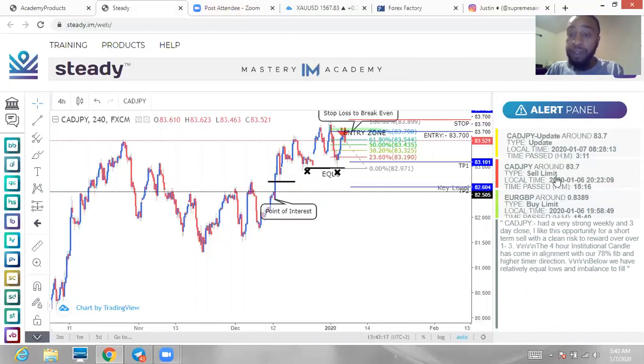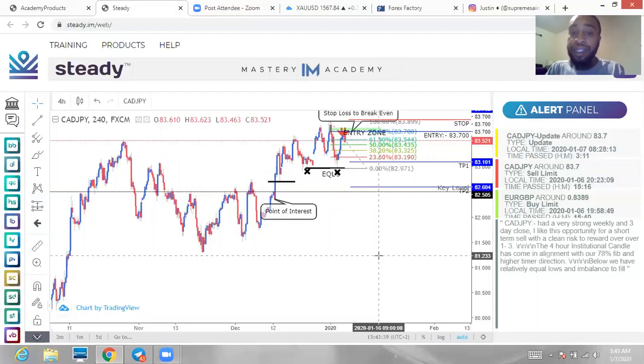Now, sometimes whenever you click on these, as you see, they do have a message here. I'm not going to read the message because I don't want to take up too much of your time, but reading the message is going to give you updates on the trade, specifically like how you see here. Now, this says stop loss to break even. If you're still new and don't know what a stop loss is and don't know what break even is, I'm not going to go too deep into that.